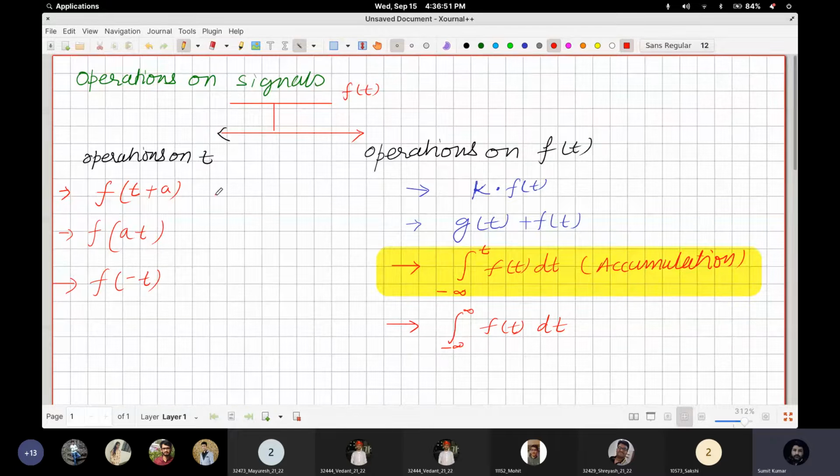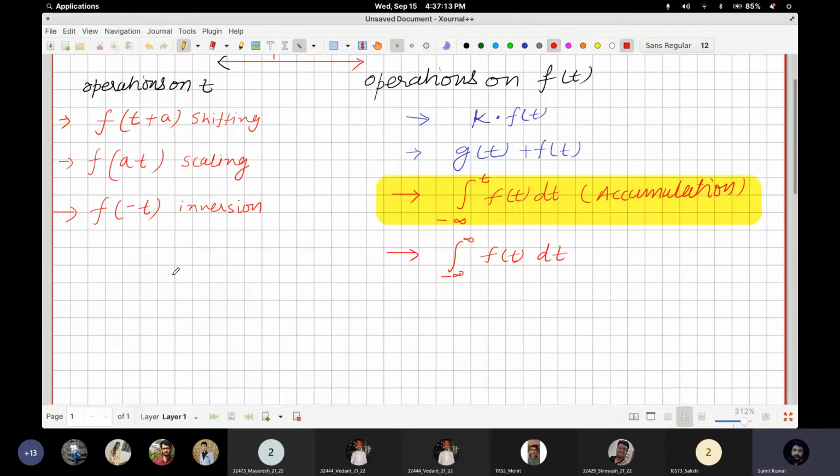So these are the three things: time shifting, time scaling, and time inversion. We will learn about these operations one by one.